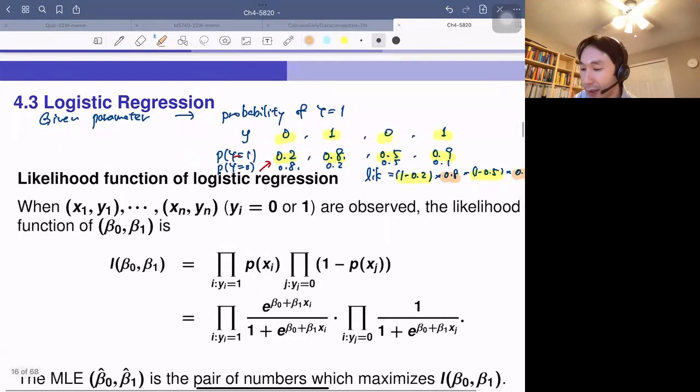To be exact, given beta naught and beta 1, up to beta p, we can calculate the probability of Y equal to 1.